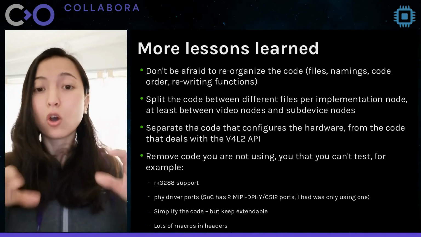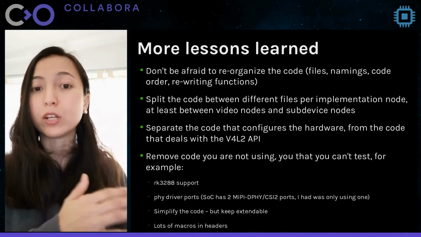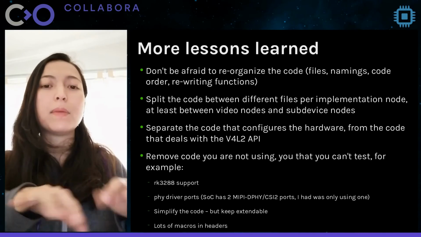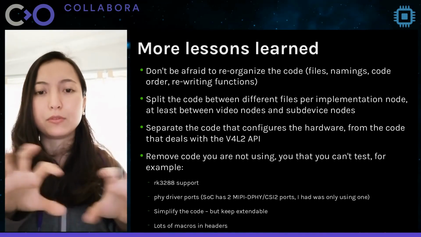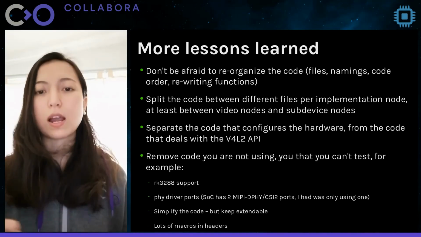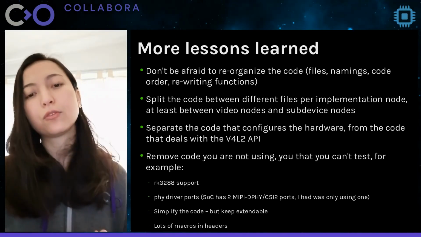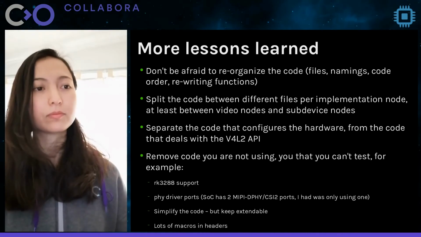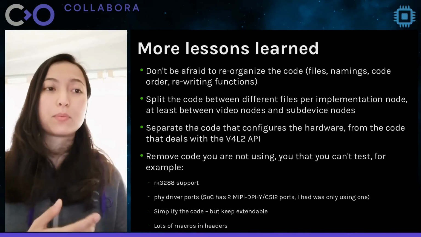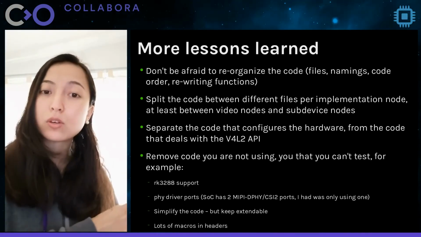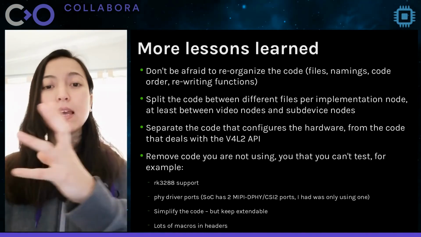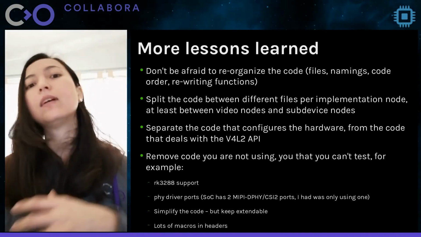They have different hooks inside the media framework, and it makes much easier to review them if they are separate. Of course, those are all tips. Take it with a grain of salt. Check if those apply to your case. I would also separate the codes that configures the hardware from the codes that implements the Video for Linux API.